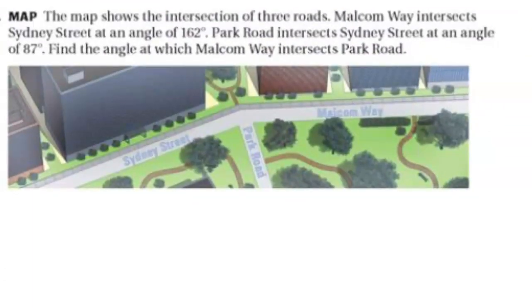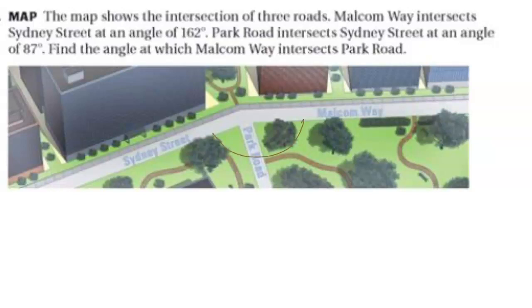Here you have a map, and the map shows the intersection of 3 roads. Malcolm Way, I see Malcolm Way right here, intersects Sydney Street at an angle of 162.